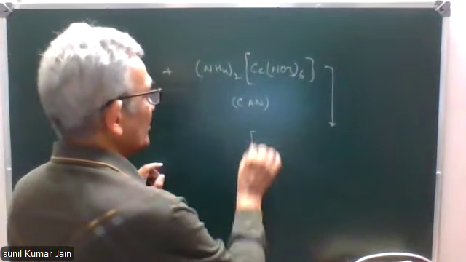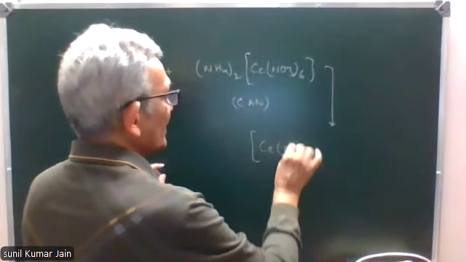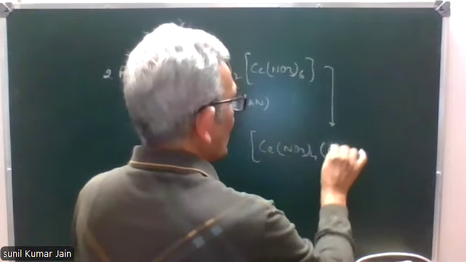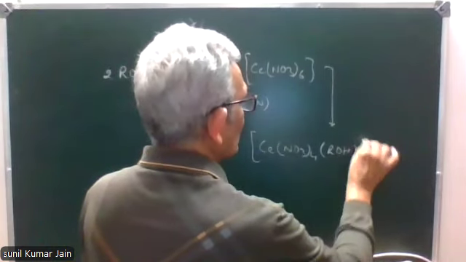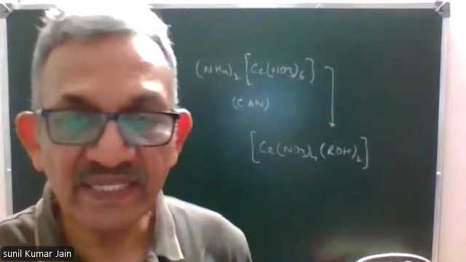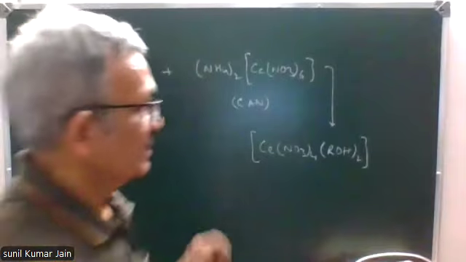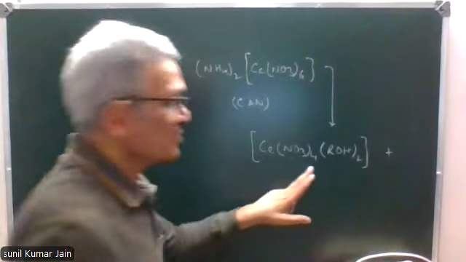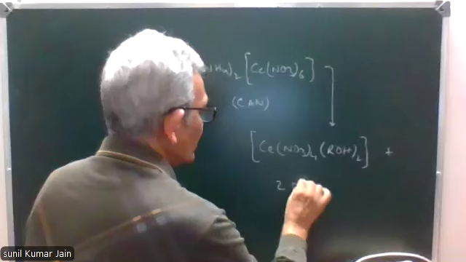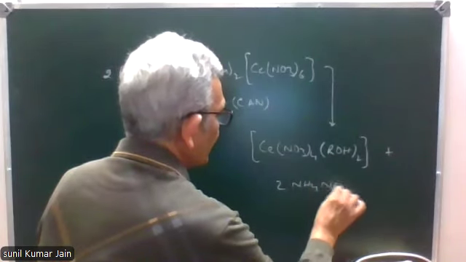This will lead to the formation of Ce(NO3)4(ROH)2. Product is again a coordination compound, and this product is red or pink in color, plus two molecules of ammonium nitrate.